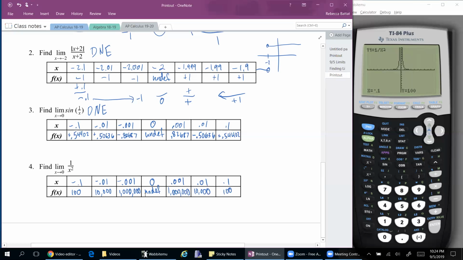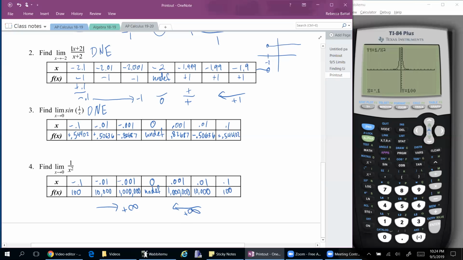So as we're getting closer and closer to 0, we see the graph is going up and up and up. It gets to 1 million even. So this is actually approaching positive infinity. It's going up and up forever. We reached 1 million, but it will keep going up. And on this side, we're also approaching positive infinity.